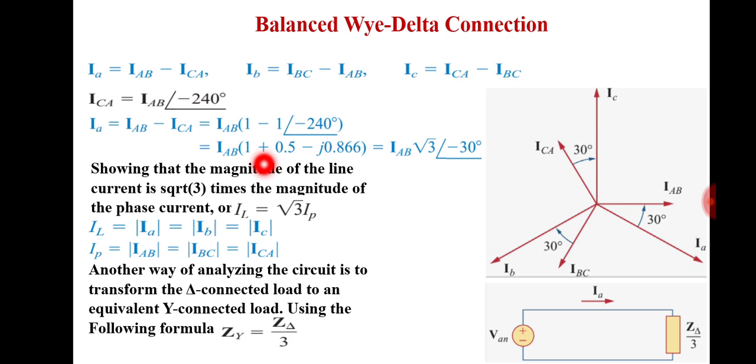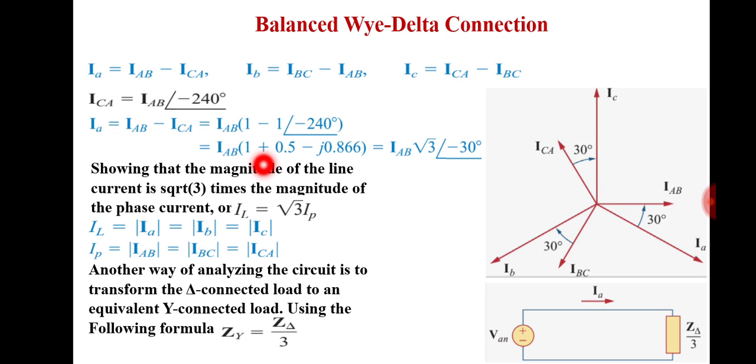Now convert the polar form to rectangular form: IAB times (1 plus j0 plus cos minus 240 plus j sin minus 240).